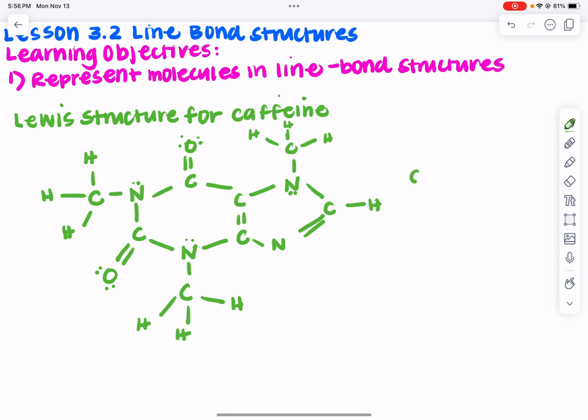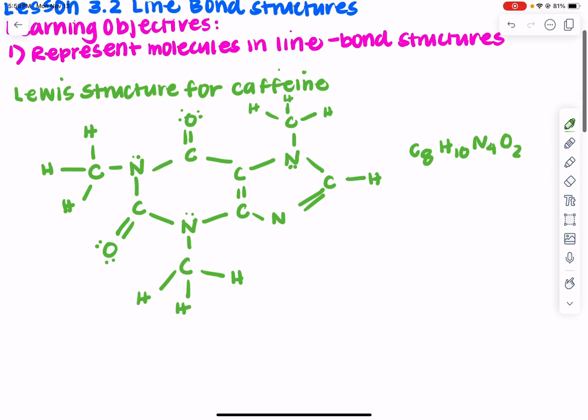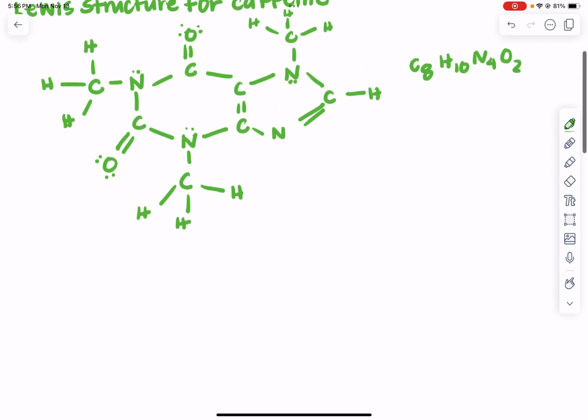It is C8H10N4O2. Why did I take so long drawing this? Why am I introducing caffeine? Because it's going to allow us to understand why line bond structures are really important and exactly what they are.